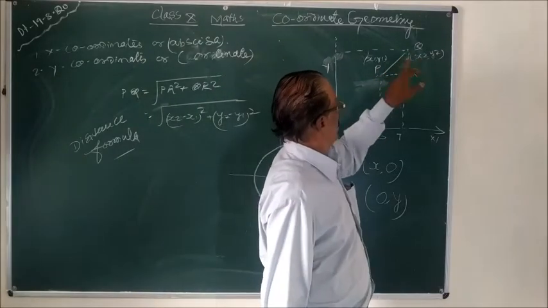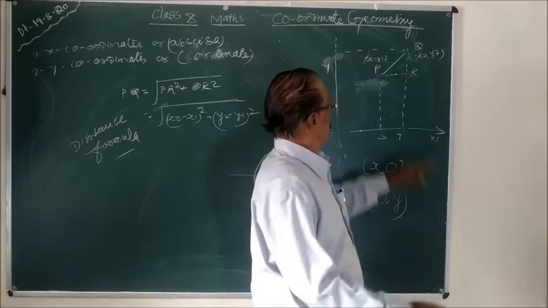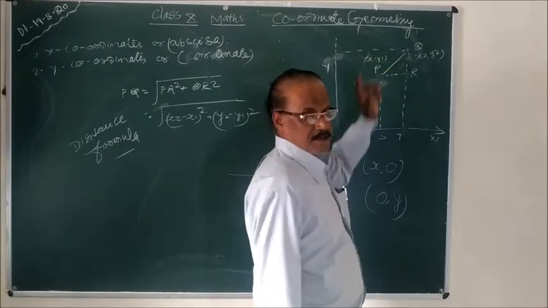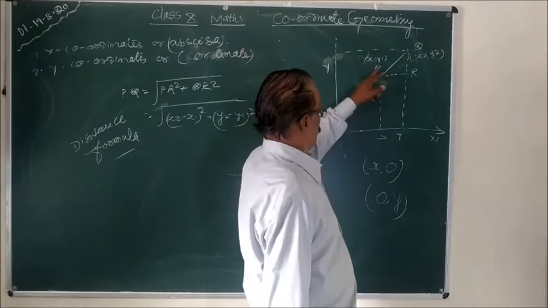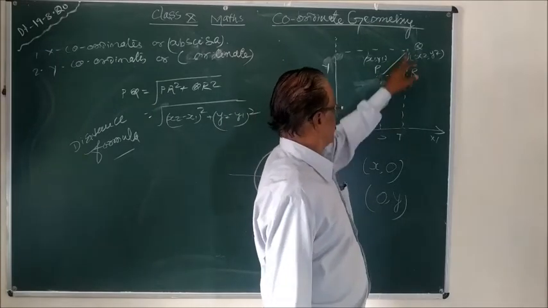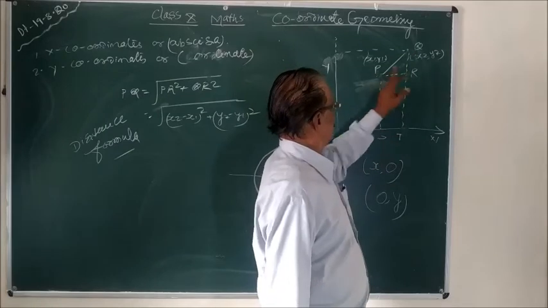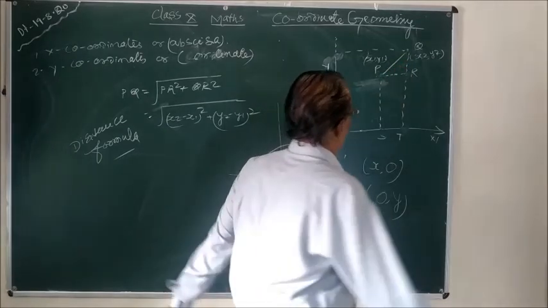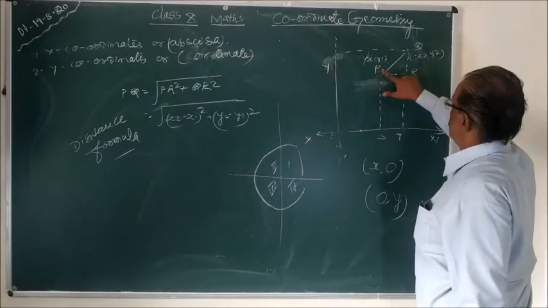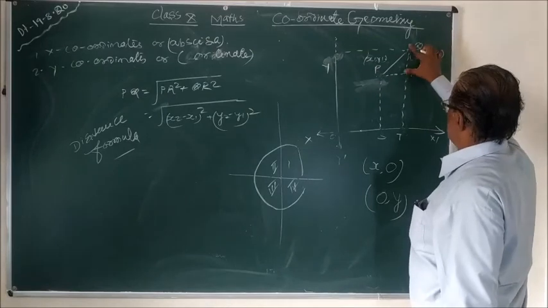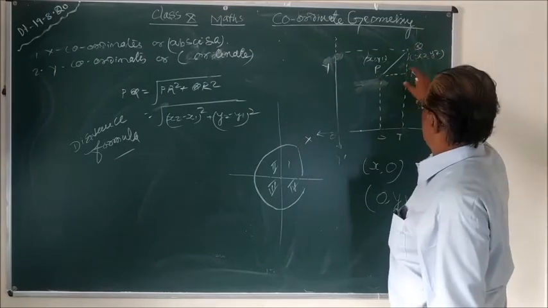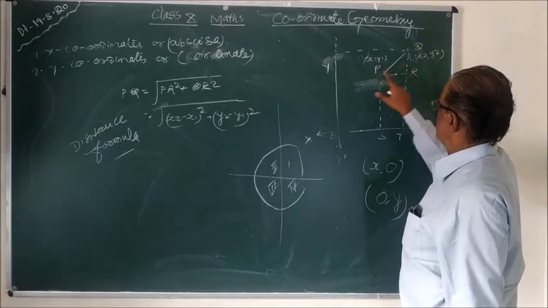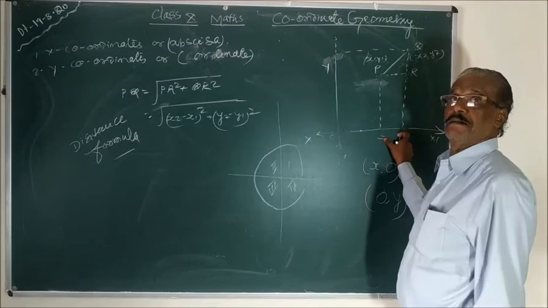In simple terms, I have explained the derivation. Suppose these 2 points P and Q are taken on a plane, with coordinates x1, y1 and x2, y2. How will you find the distance between P and Q? We draw perpendiculars PS and QT on the x-axis and PR on QT. Now this is a right triangle. By using the Pythagoras theorem, PQ squared is equal to QR squared plus PR squared.